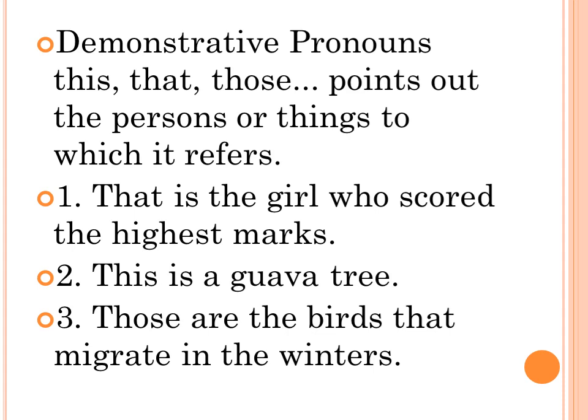Now, in these sentences, that, this, and those are pointing out some noun. Therefore, they are called demonstrative pronouns. They are not only pointing out something or someone, but also referring to or replacing the nouns. They help the listener understand exactly what or whom the speaker is talking about.